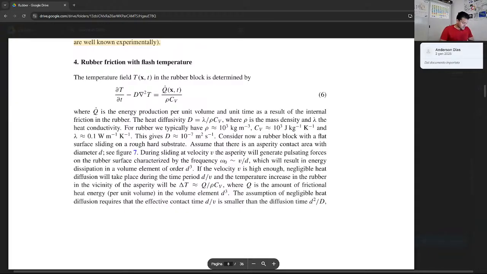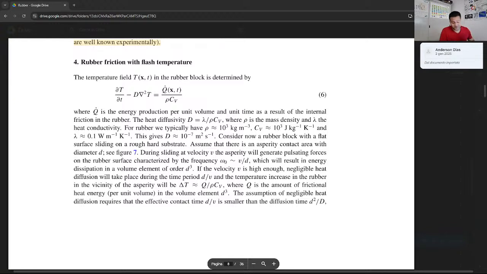And the author considers that there exists an asperity contact with a diameter d. During sliding at velocity v, the asperity will generate pulsating forces, which we already know. These pulsating forces are characterized by a frequency.